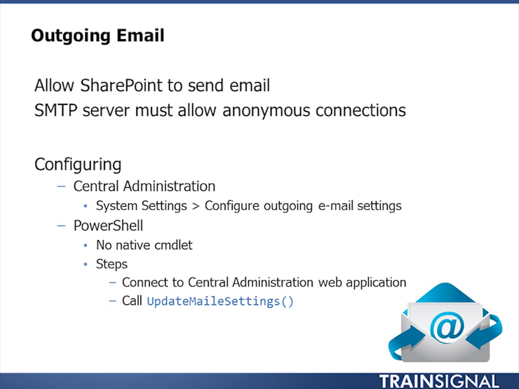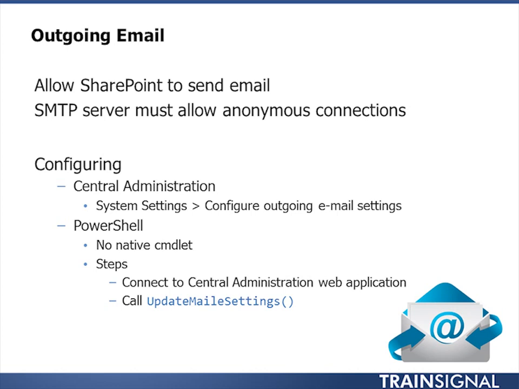Now, if I want to configure this in PowerShell, then I can do that by actually connecting to the web application, calling the appropriate functions, which in this case is going to be UpdateMailSettings, or in Central Administration, I could just navigate to System Settings and then configure outgoing email.